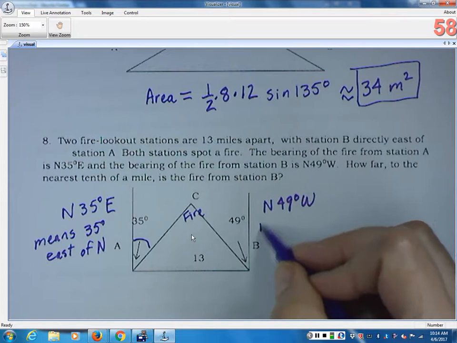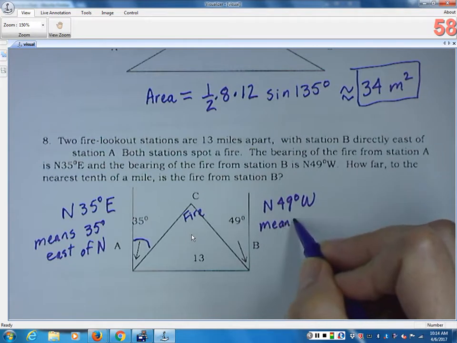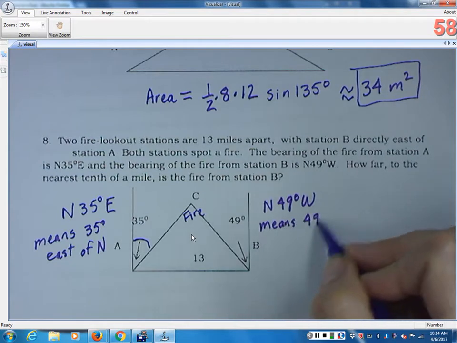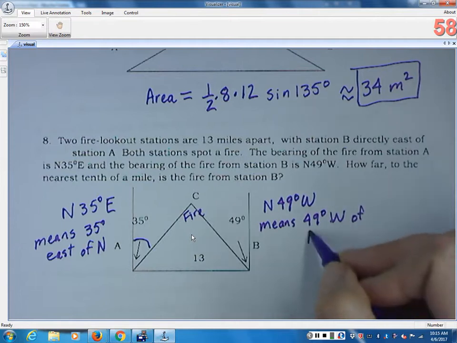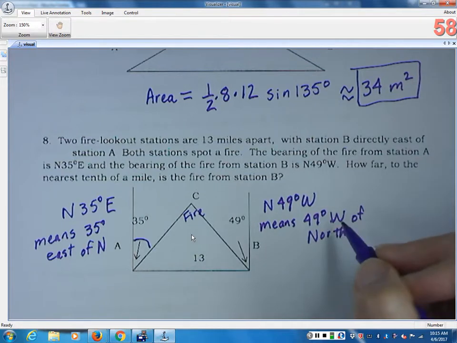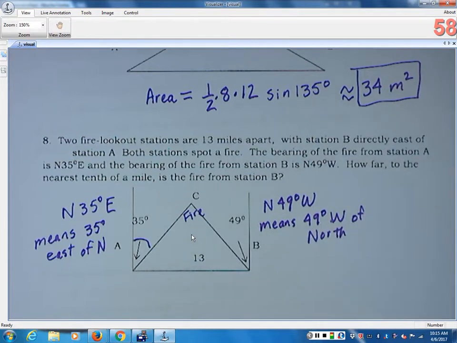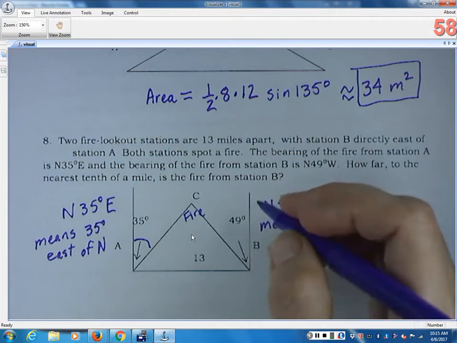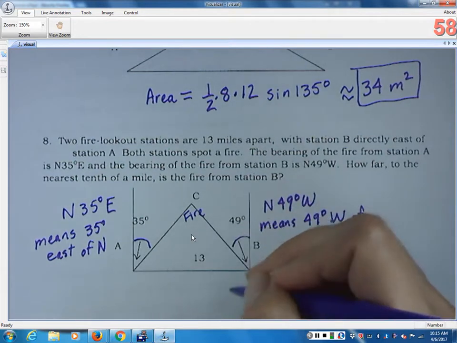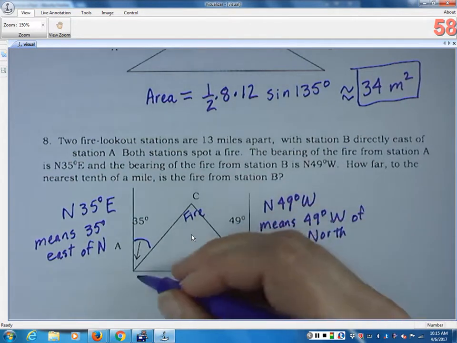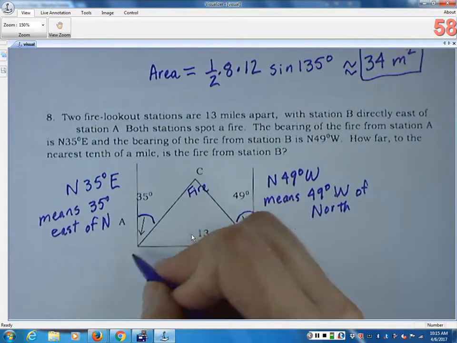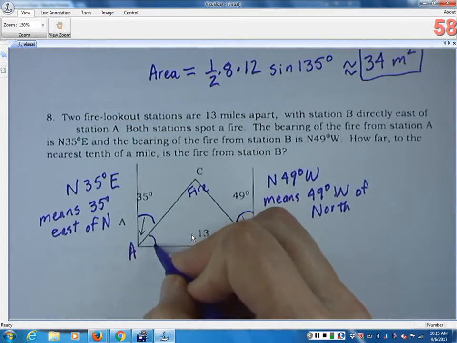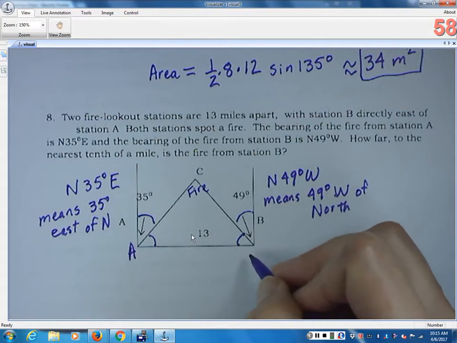That means 49 degrees west of north. So you'll have to remember bearings for a problem like this. This is 49 degrees. So we have to find this triangle, we have to find A, and we have to find B.